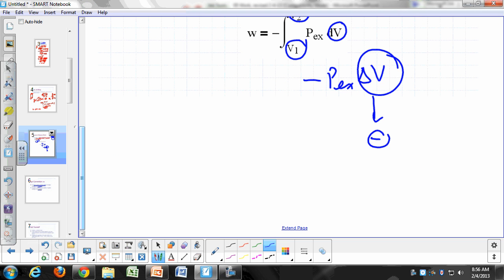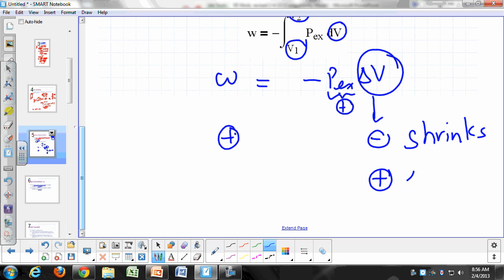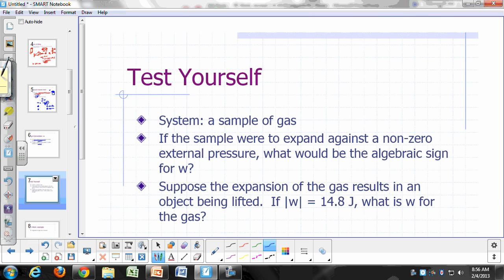If delta V is negative, pressure is always positive, right? Your overall work is going to be positive. Negative times negative will be positive. System gains energy. If delta V is positive, your system expands. If your system expands against an external pressure, what's the work? It's going to be negative. Okay, so that's the reason for that negative sign in the formula.